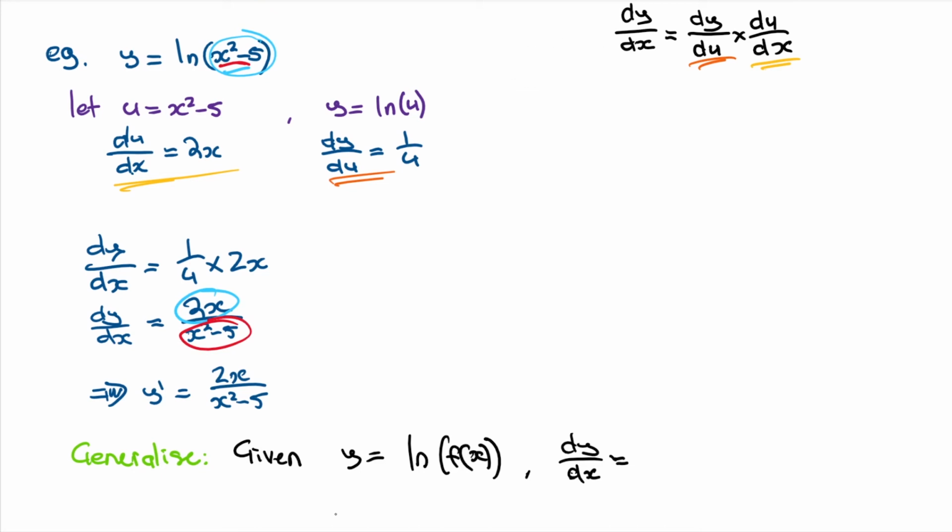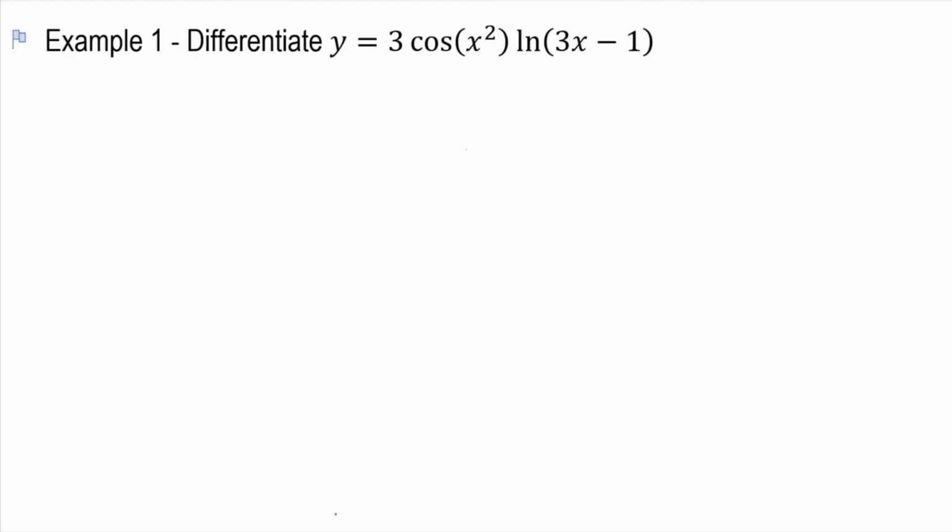So the pattern here that we're following is that we take the derivative of the function, we write it on the top, and on the bottom we've got our function that was originally on the inside. And so that's how we can generalize for differentiating natural log.